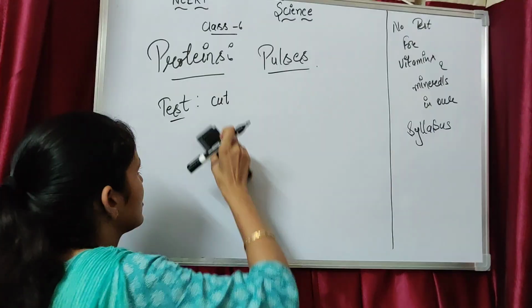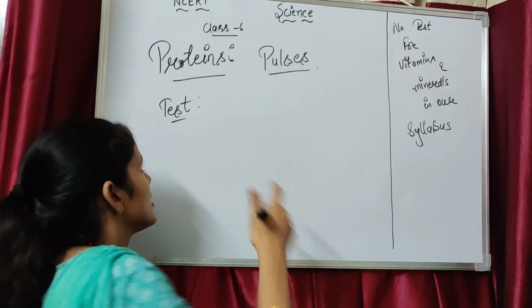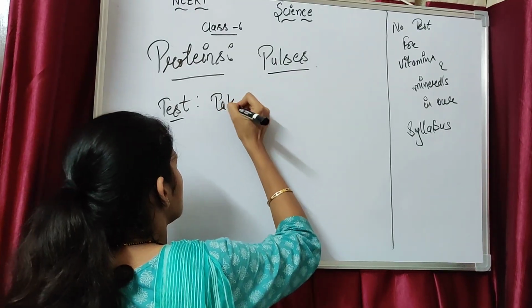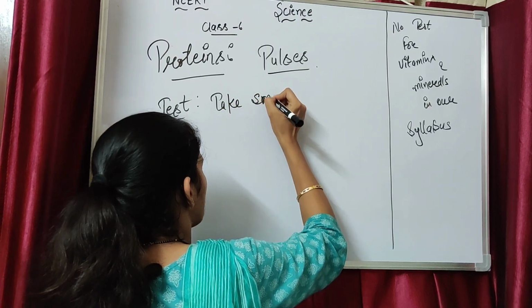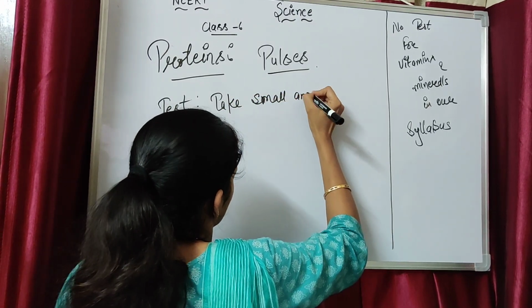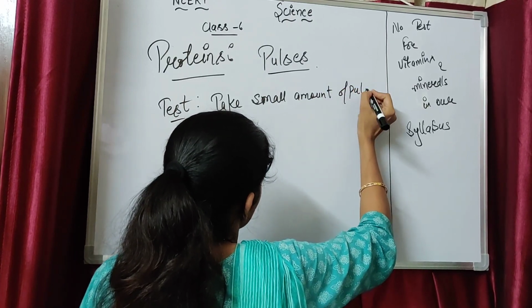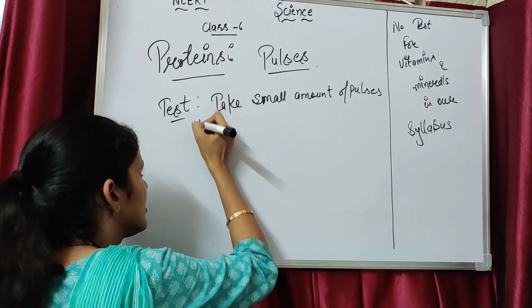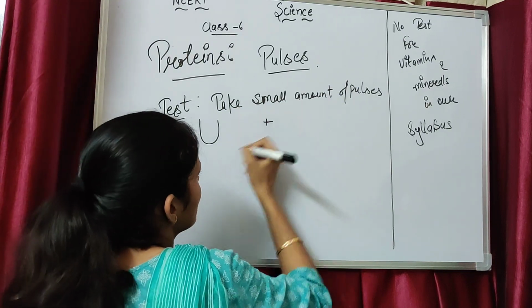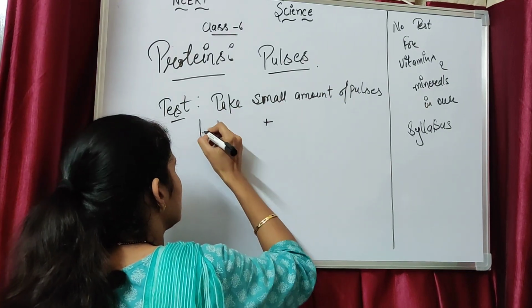Wait. Take some pulses. Take a small amount of pulses in a test tube. Add some copper sulfate.